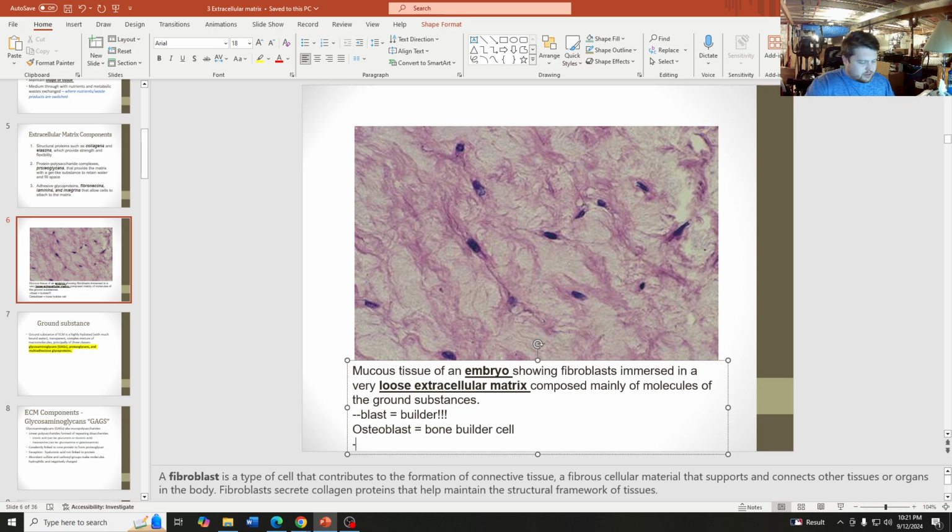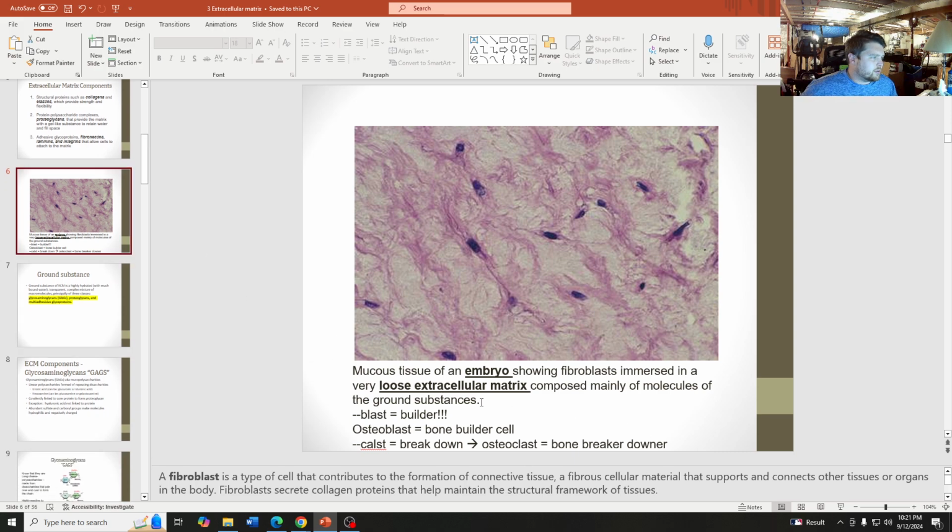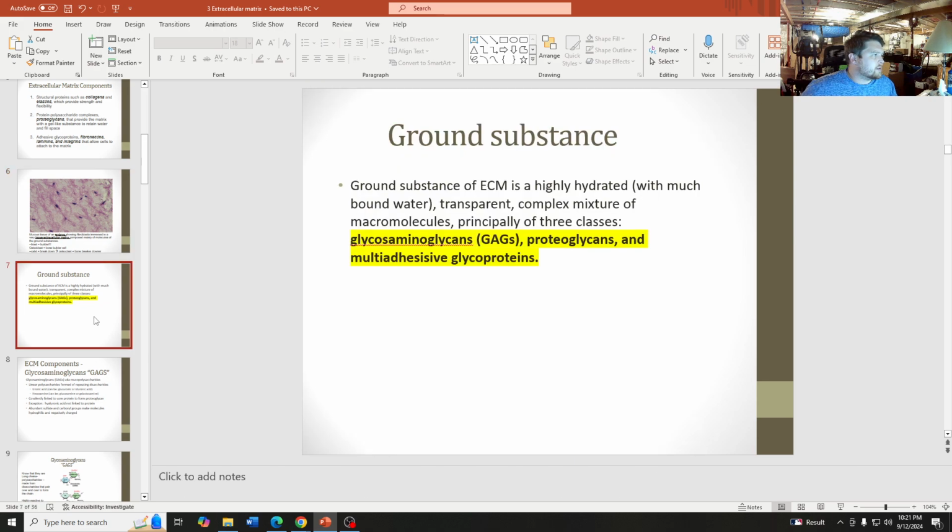On the other side, you'll see clast, that is a breakdown type cell. Like osteoclast, that equals a bone breaker downer. Those aren't real words, but you get the idea. Blast is a builder, so fibroblasts build cells.